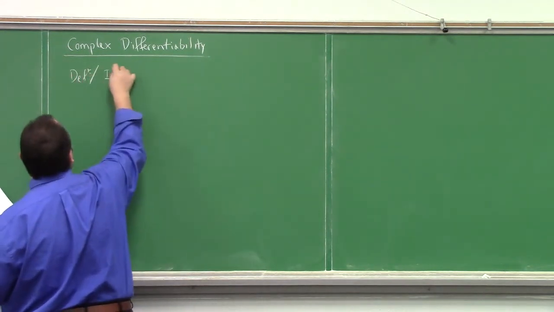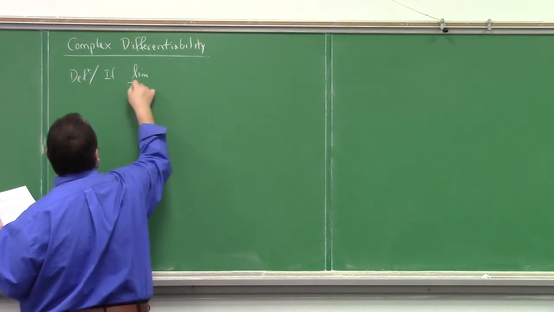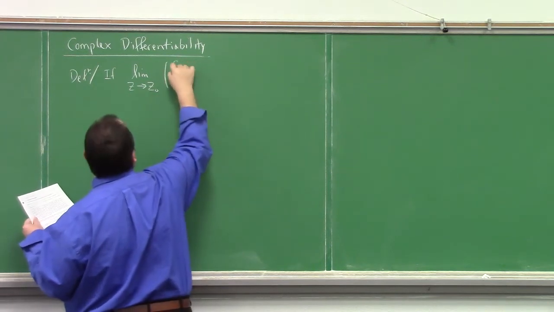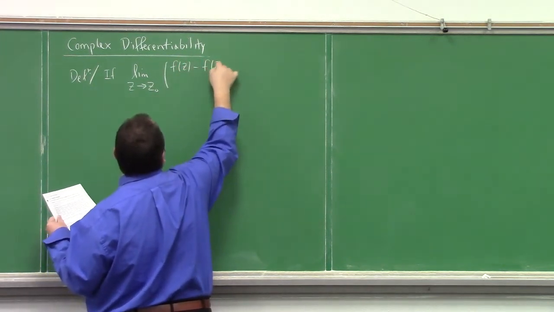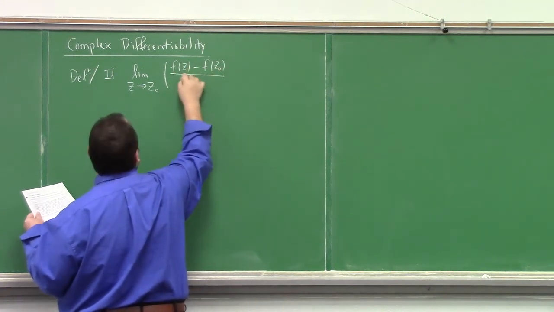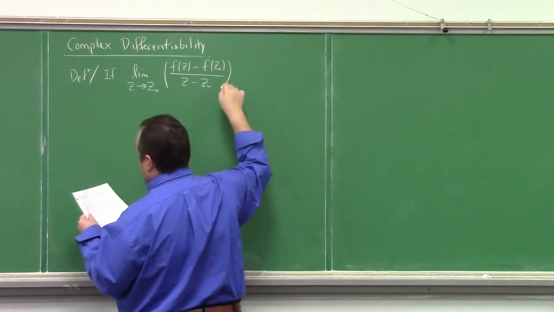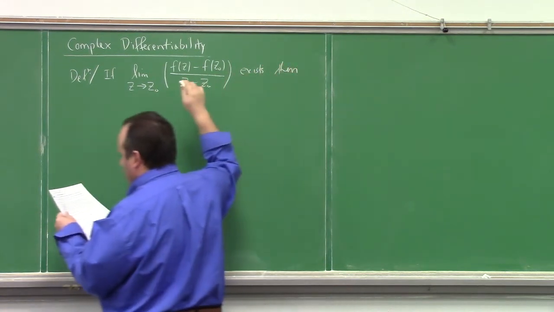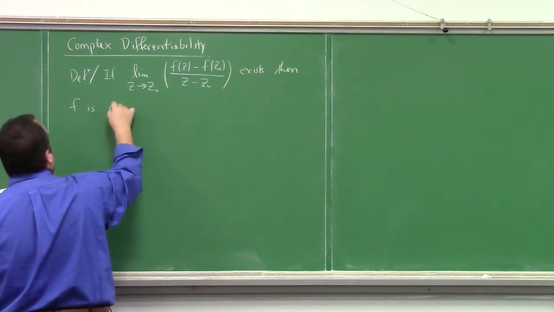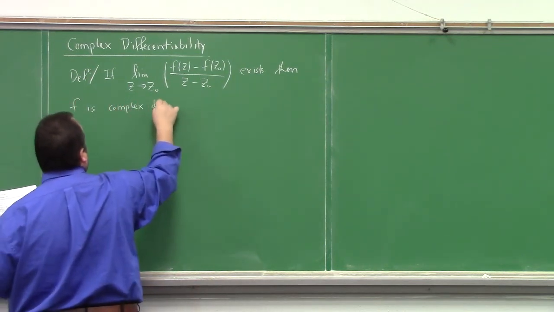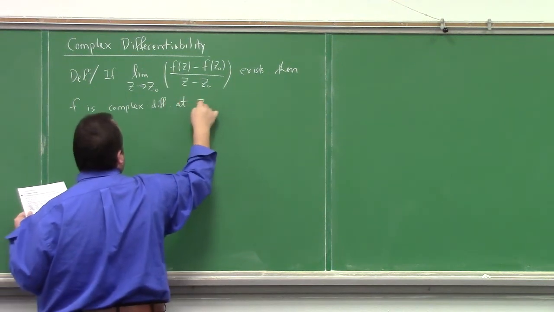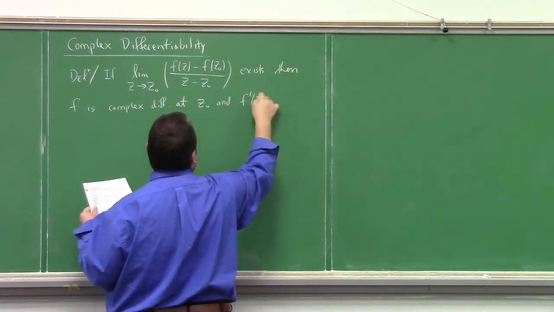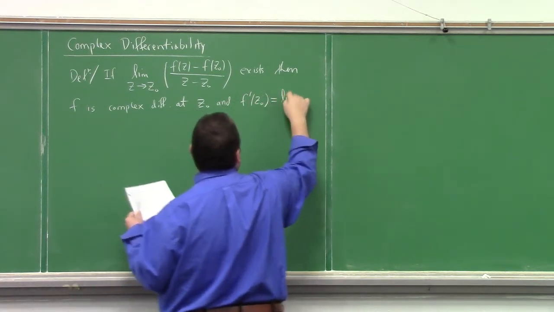If the limit as z goes to z naught of f of z minus f of z naught over z minus z naught exists, then f is complex differentiable at z naught, and f prime of z naught is defined to be that limit.